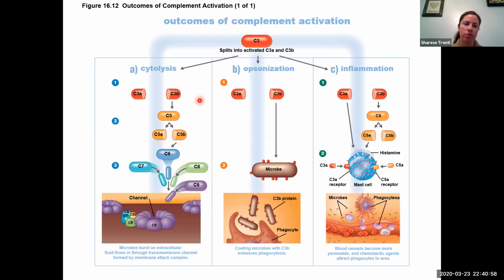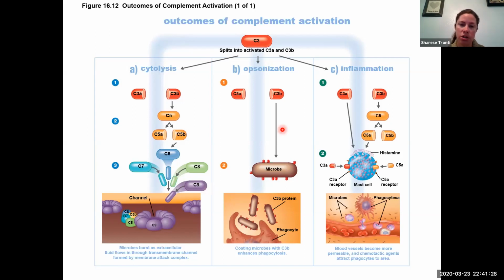So what I do want you to know for cytolysis is that it's started by C3b, and then that will activate all these other proteins to come together to form the membrane attack complex. And those proteins are going to come together inside of the cell membrane of the microbe, making a channel, an open hole inside of the cell membrane that's going to allow everything to leak out, and it will lyse.